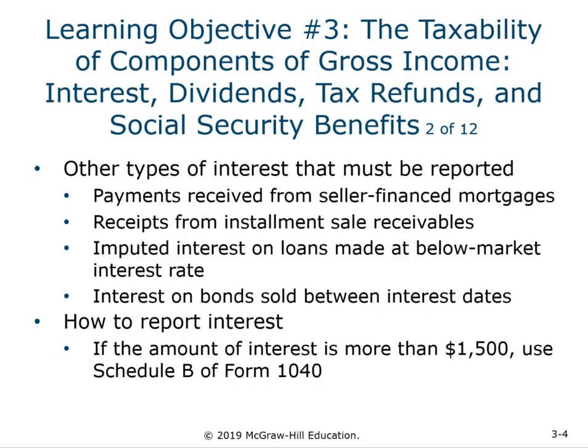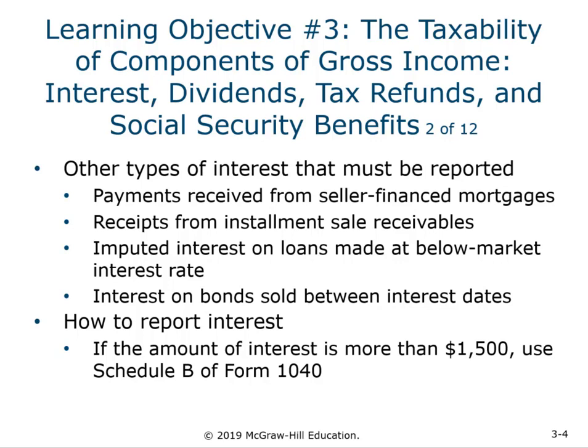Unless it is small enough to not count, okay, that interest that would have been charged if he were anybody else is income to him. So he loans you the money and you don't pay any interest, yet he still will count as interest income what would have been charged if he were a bank or other lender. Okay, and then some interest, small amounts of interest on bonds sold between interest dates.